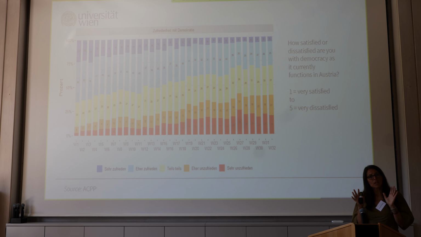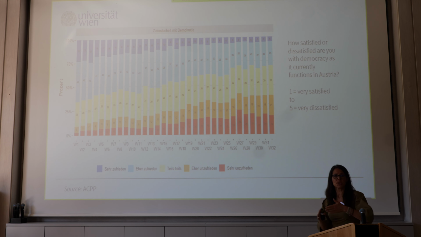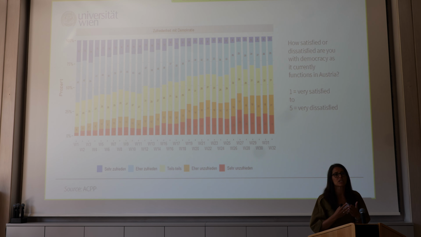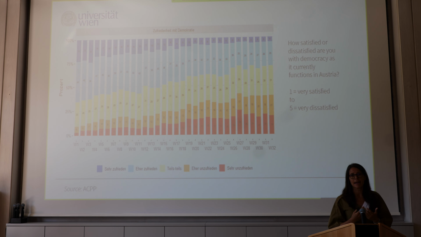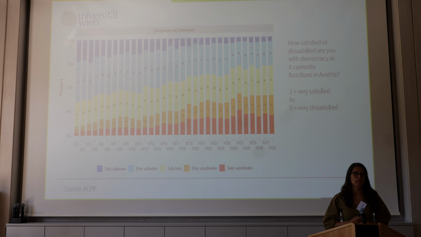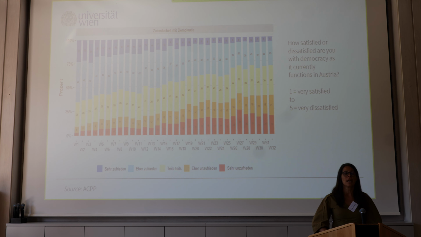We saw only a few people, 5% up to 8% in Austria, who were unsatisfied with the way democracy works over the last 20, 30, 40 years, since we have had empirical data. But we never saw numbers like that: more than one third of the Austrian population is unsatisfied with how democracy works in Europe.